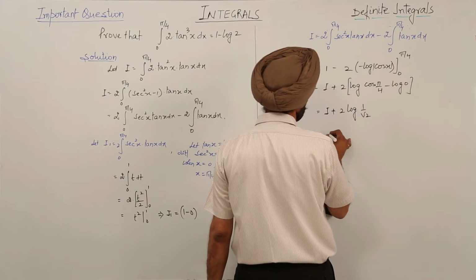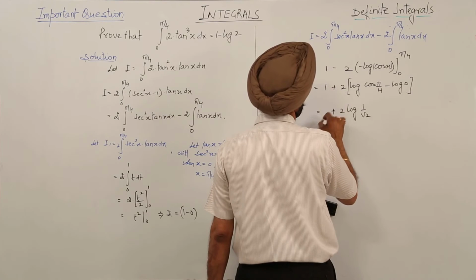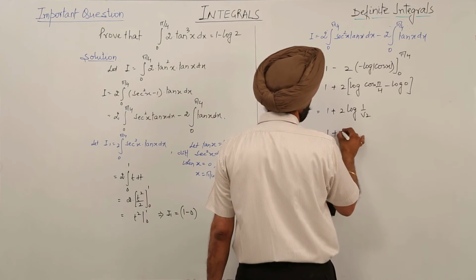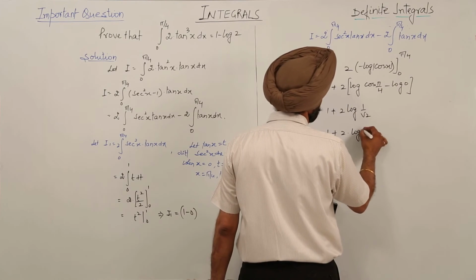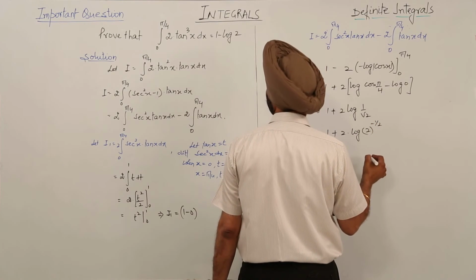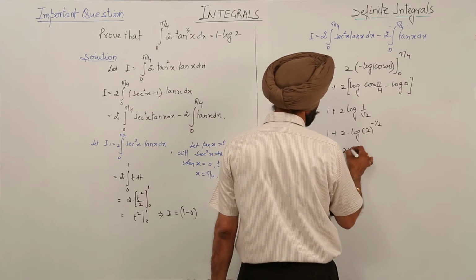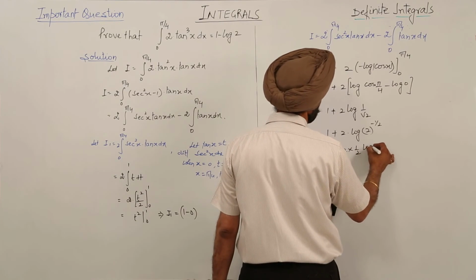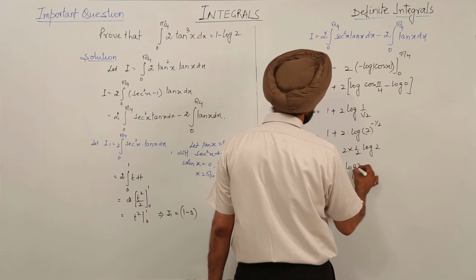So this is 1, not I1. 1 plus 2 times log of 2 raised to power minus 1 by 2, which is 1 minus 2 into 1 by 2 log 2, and this is equal to 1 minus log 2.